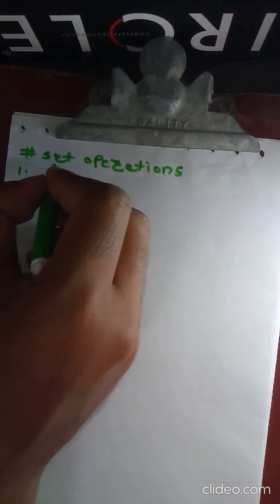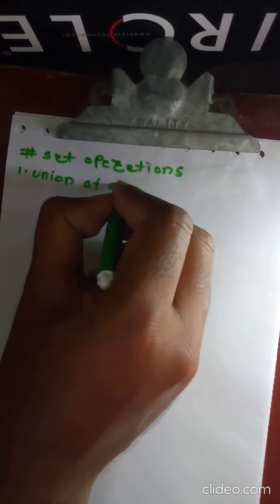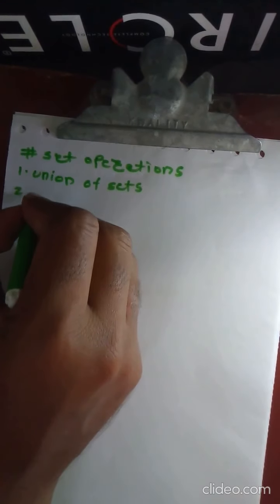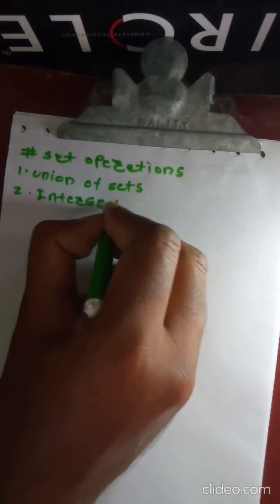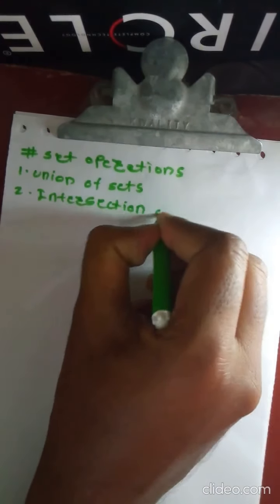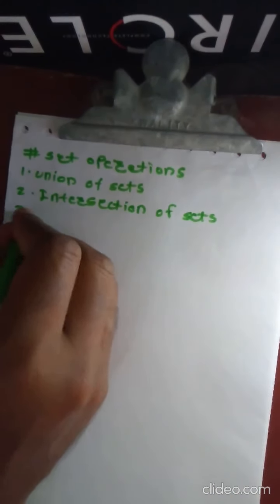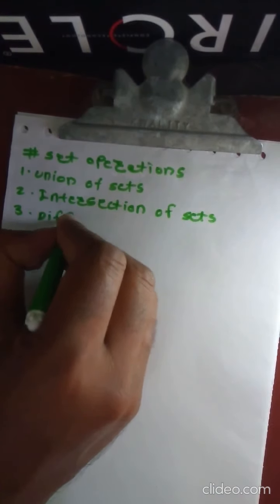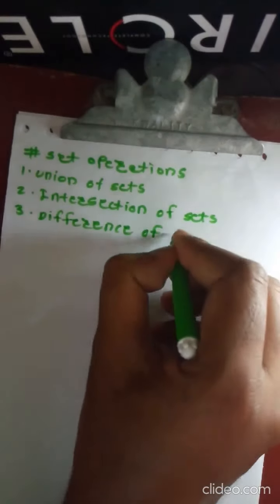First one is union of sets. Second, intersection of sets. Third one is difference of sets.